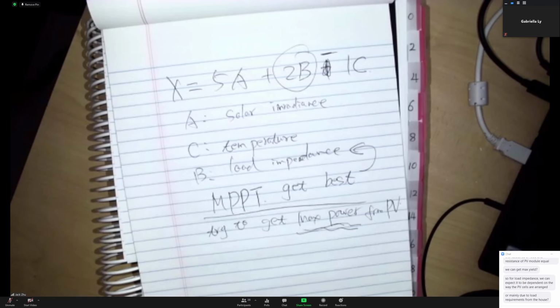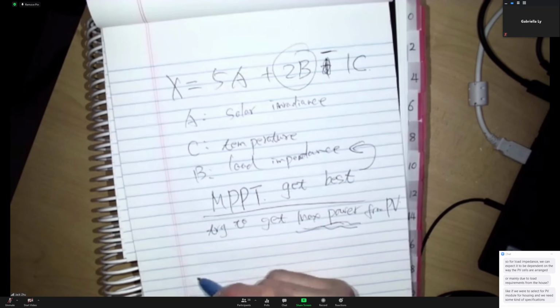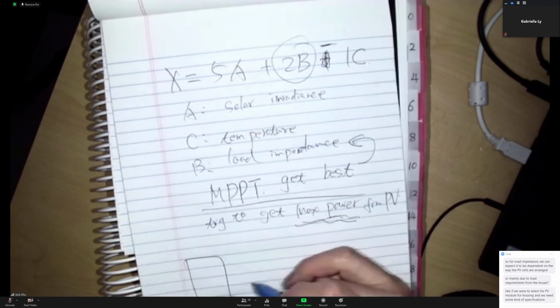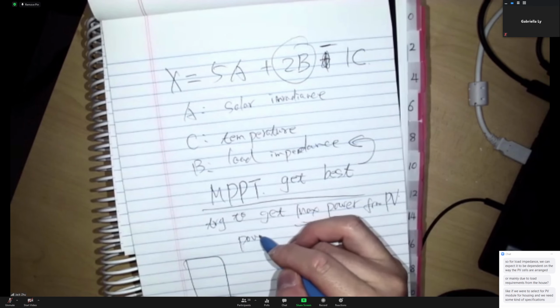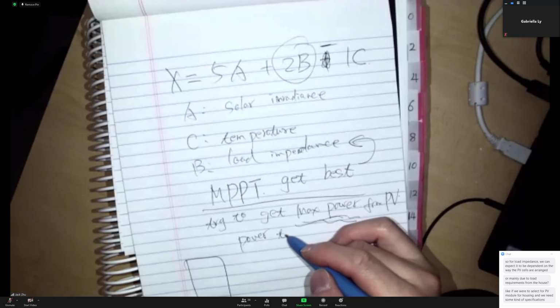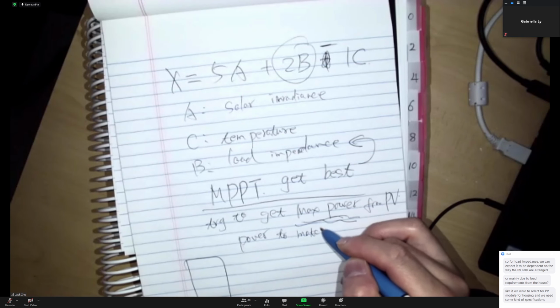The load impedance depends on whether you want to charge a 12-volt battery, or a 6-volt battery, or your load requires 120 volts, those types of things. Or if the load is in your house, you mostly will put enough PV panels, looking at the power to match the requirement.